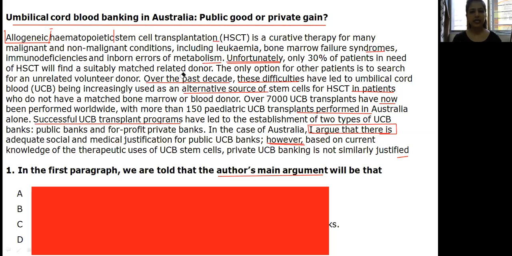So on one side, the argument is about public banks. What do you think about public banks? Is the writer in favor of public banks or is he against public banks? In favor. And about private banks? Is the writer in favor of private banks too?